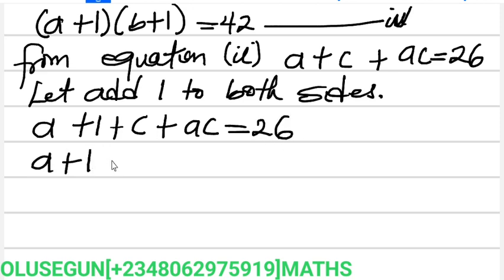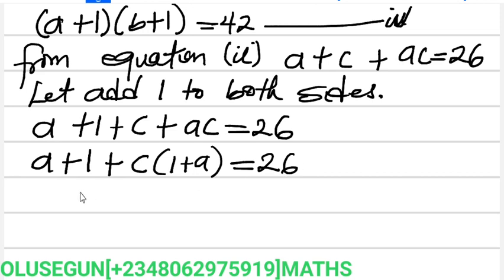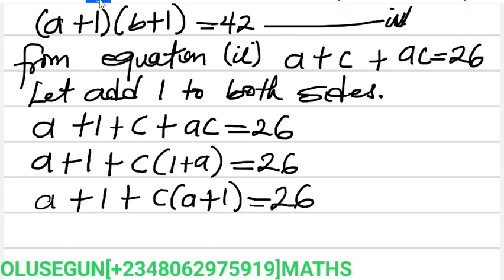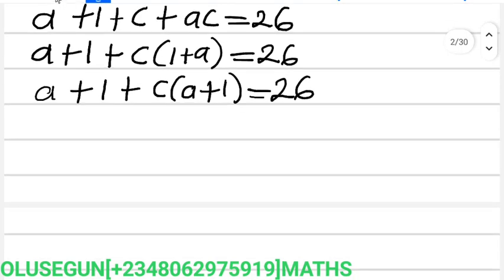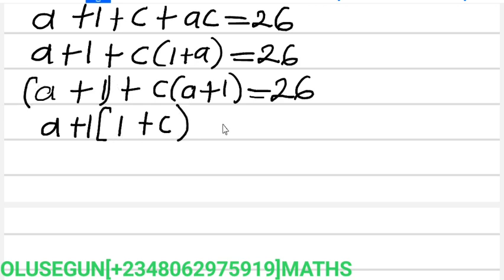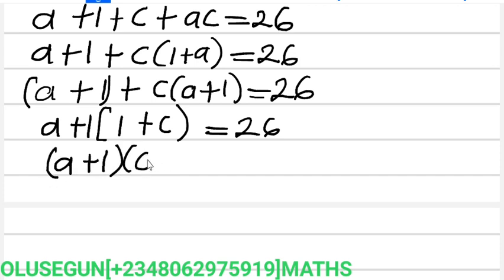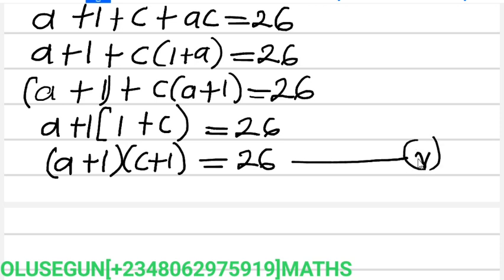We have a plus 1 times c plus 1 is equal to 27, since a plus 1 is common. Let's call this equation 5.